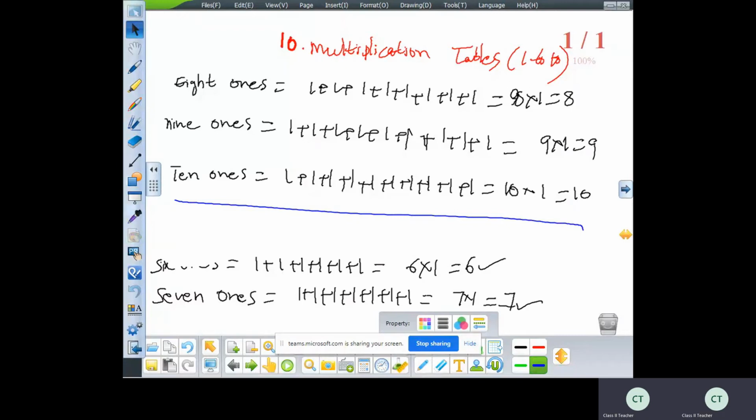Okay, children, this is table number 1. Now I will write table number 1 clearly.